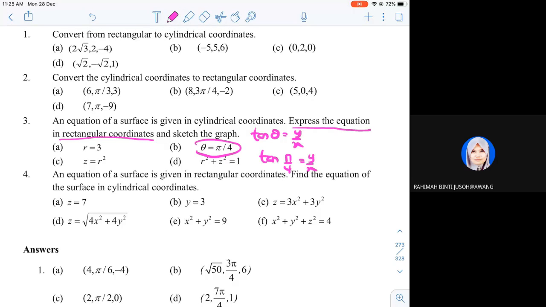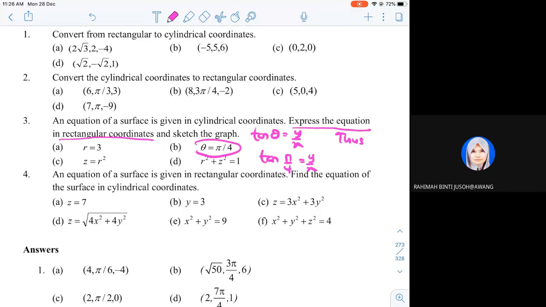If we use the calculator, tangent pi over 4 equals what? Zero? Is it zero? 0.0137. I think your calculator is in degree mode. Try changing to radian mode. If you use pi over 4, in degree mode you have to use tangent 45 degrees.